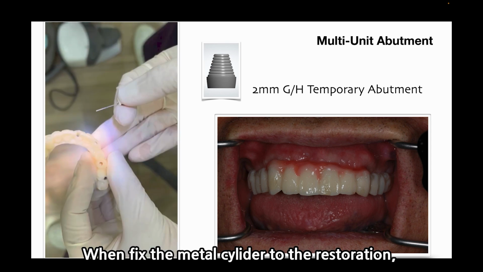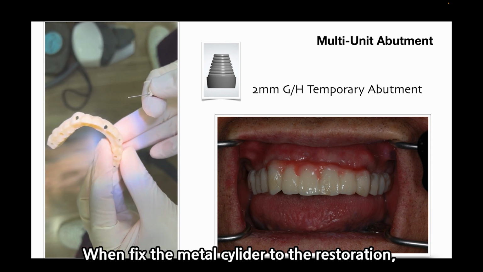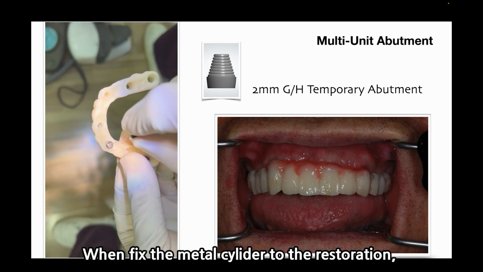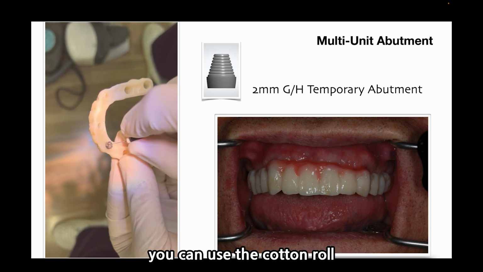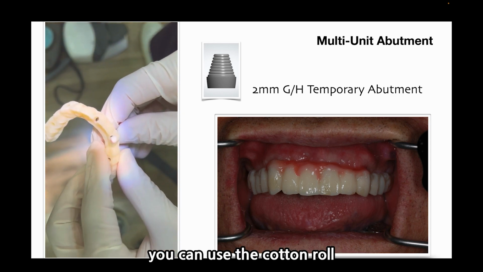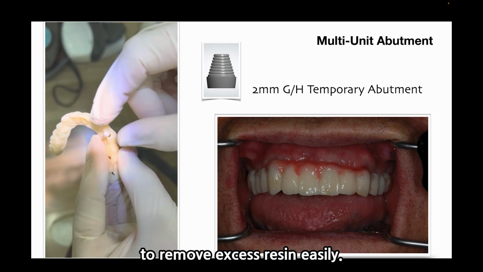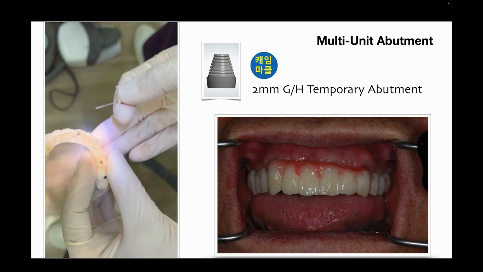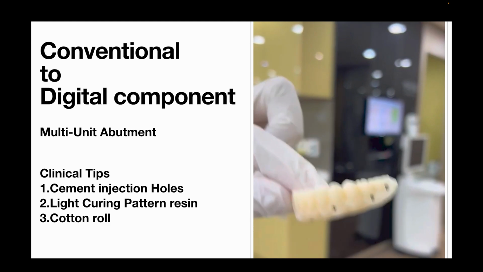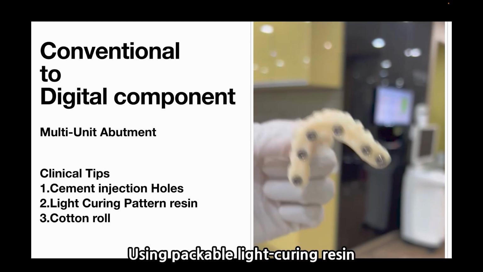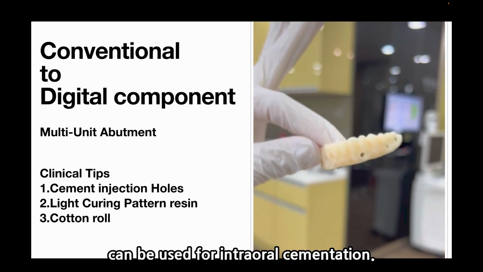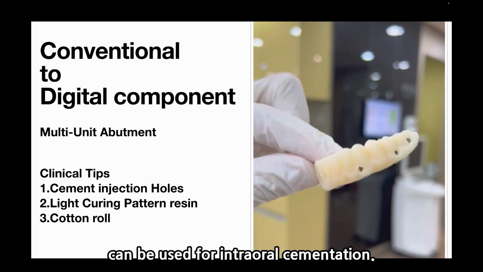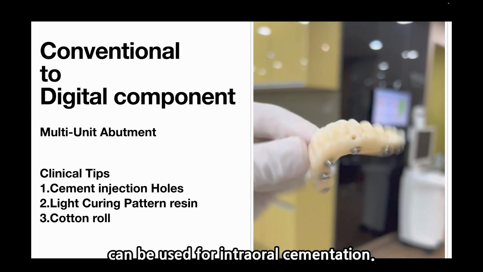When fixing the metal cylinder to the restoration, you can use the cotton pellet to remove excess resin easily. Using packable resin can be used for intraoral cementation.